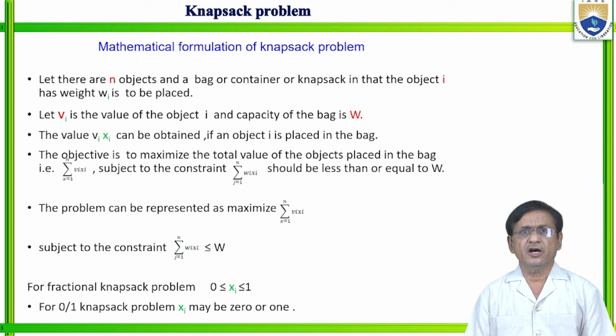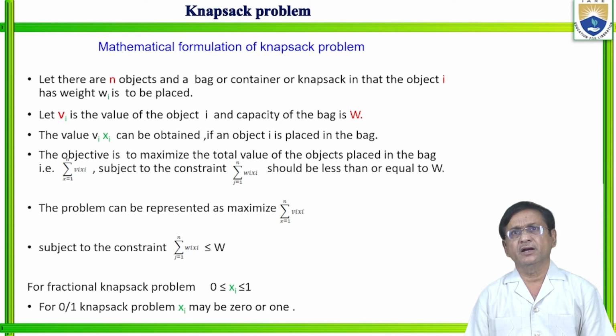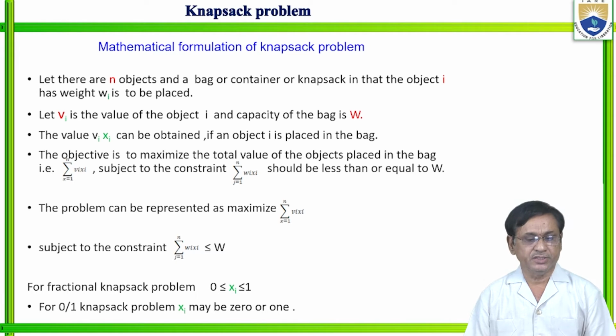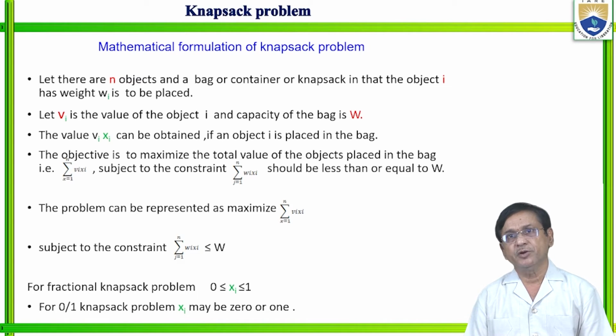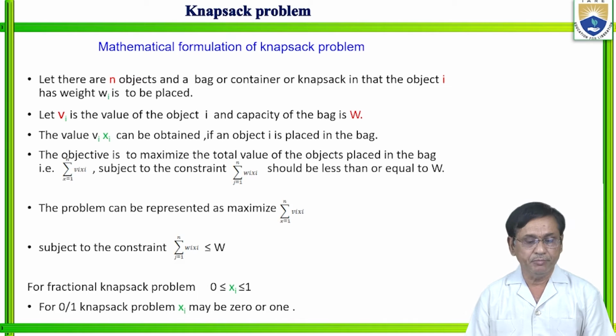Suppose n objects are there and a bag or container or knapsack, in that the object i has weight Wi to be placed. Let Vi be the value of the object i and the capacity of the bag is W. The value Vi into Xi can be obtained if an object i is placed in the bag.